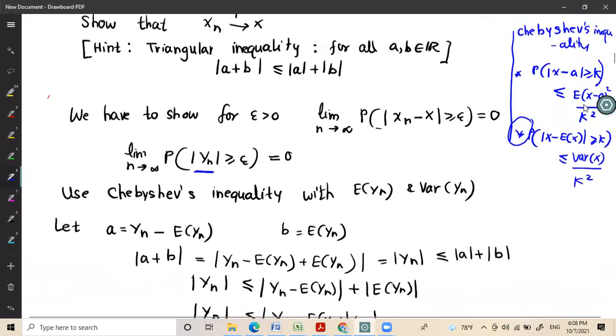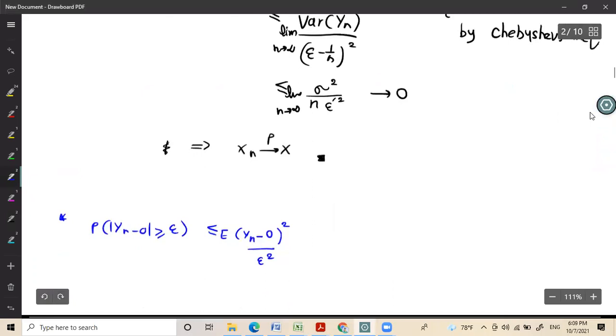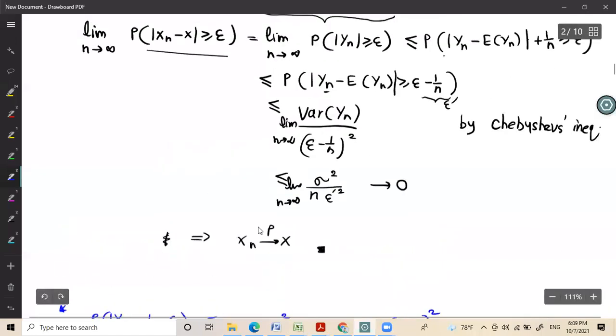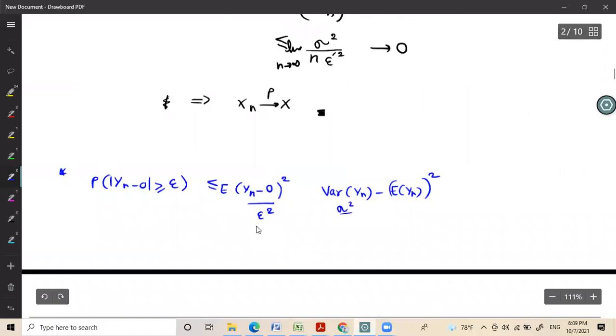That is from the other form of the Chebyshev inequality. And you find EYN square by using the computational formula, the variance of yn plus EYN whole thing square, right? Yes, that is also possible. So what is the variance of yn? Variance of yn is sigma square over n, minus 1 over n square.